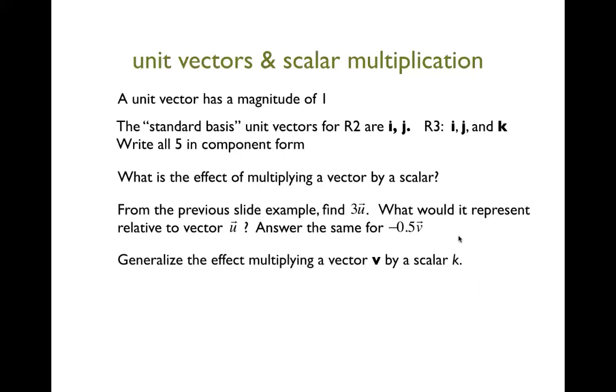Okay, so what's the effect of multiplying a vector v by a scalar k? What does that do? So then k times v, is it the same direction as v? It is, if k is positive. Yes, right? If k is positive, you get the same direction as v. If k is negative, it's the opposite. So to generalize that, we could say it's parallel to v.